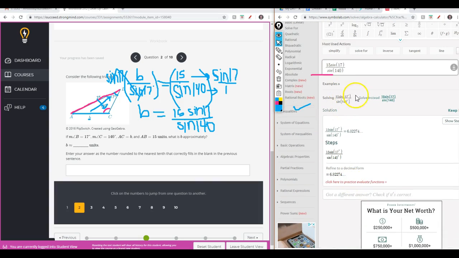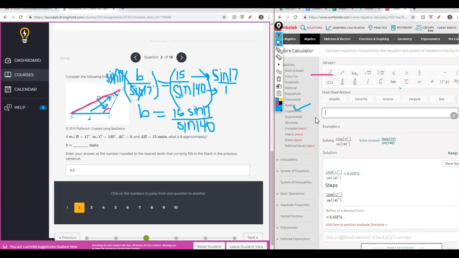Solving for those degrees, it says it's approximately 6.822. It says to enter your answer rounded to the nearest tenth. When I round, I go to the hundredth. That's a 2, which is less than 5, so this is closer to 6.8 than 6.9. So I will be staying at 6.8.